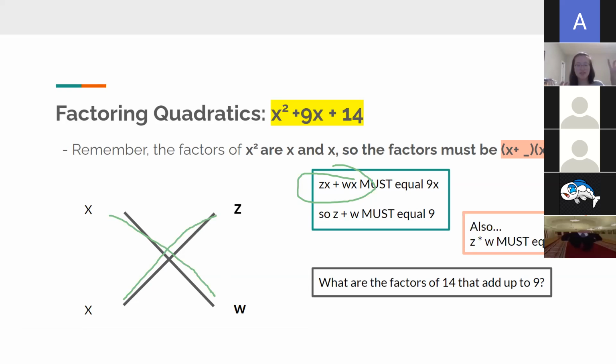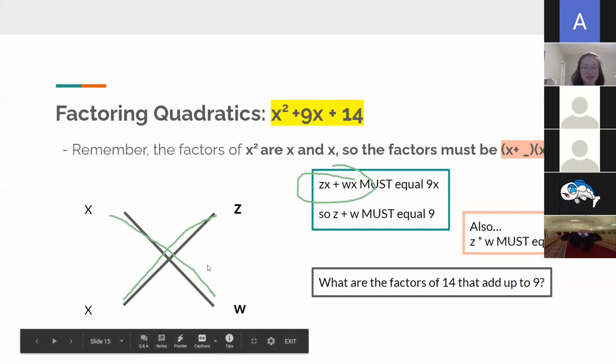So z times w must equal 14, and z plus w must equal 9. That's the big question. Can anybody think of any factors?